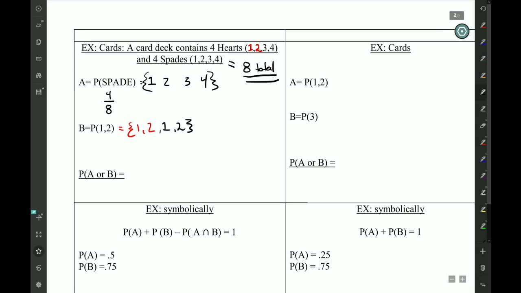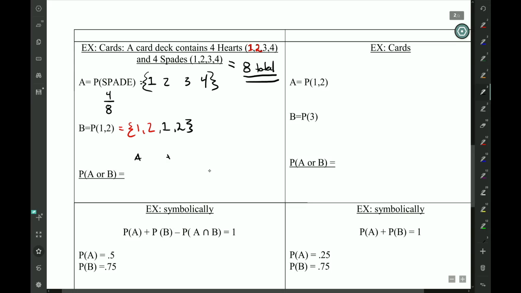If I were to combine the two, so A plus B, A is 1, 2, 3, 4. And I'm going to again add 1, 2. What did I count twice? Well, this 1 I don't need again, and this 2 I don't need again. So I have 1, 2, 3, 4, 5, 6 over 8. I have a 3/4 chance. So if it helps to write it out, I recommend doing that.